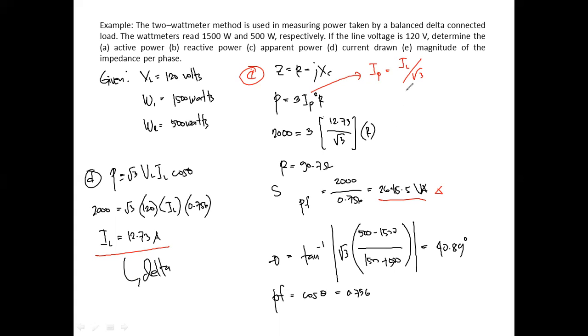To calculate the other parameter, let's say the reactance, you can solve for the reactance using the impedance triangle. So this is theta, Z, R, and XC.